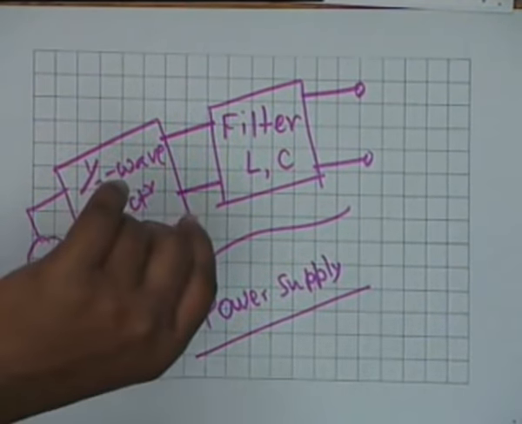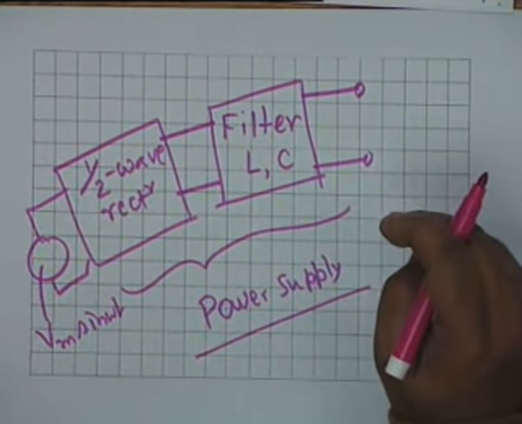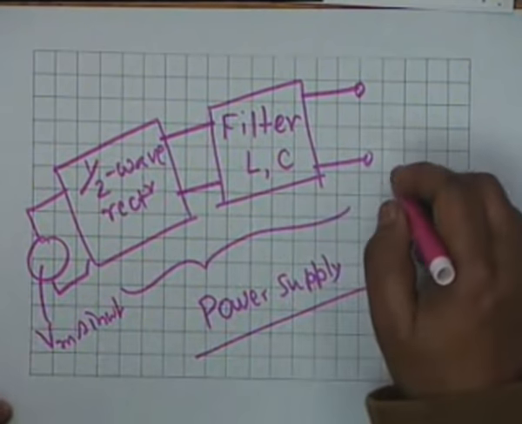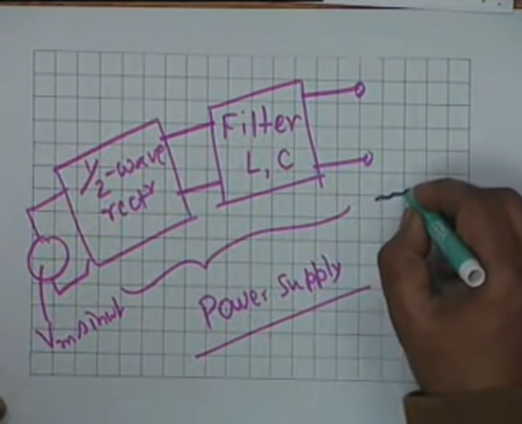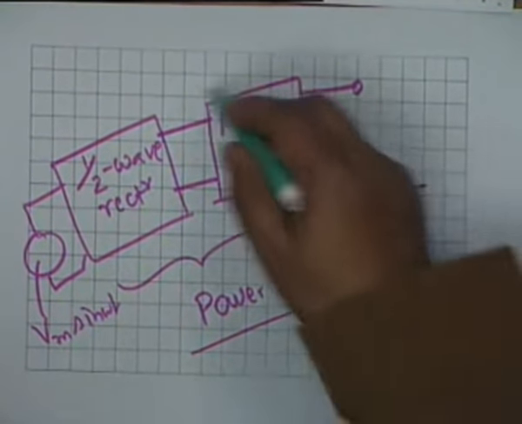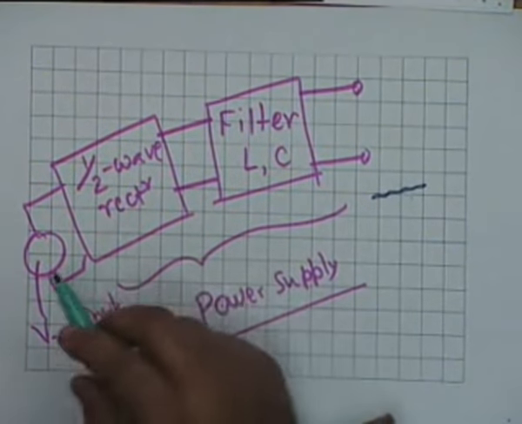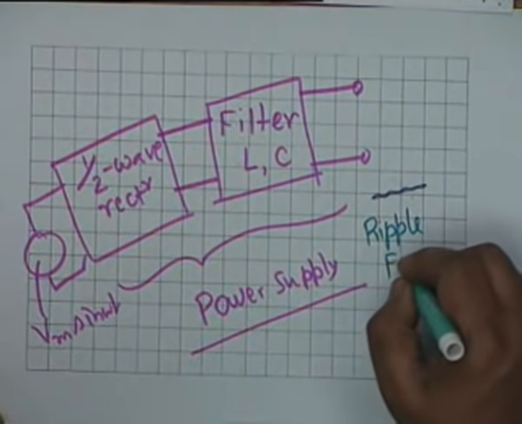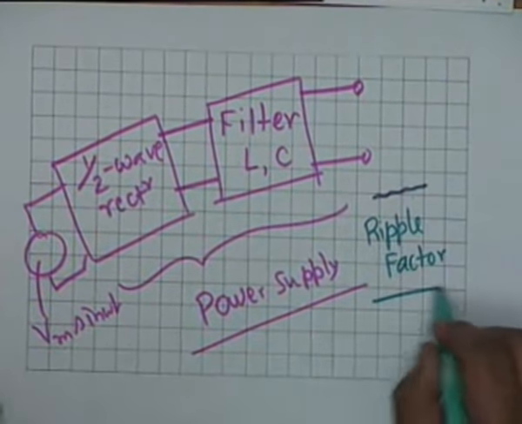The output of this hopefully would be a pure DC, but pure DC from such a combination is also an approximation. You shall always get a DC along with maybe a very small ripple. It could be, let us say, 0.01% ripple, all right. So, the efficiency of such a device is characterized or measured or specified in terms of what is known as a ripple factor, which relates the amplitude of the ripple to that of the DC.